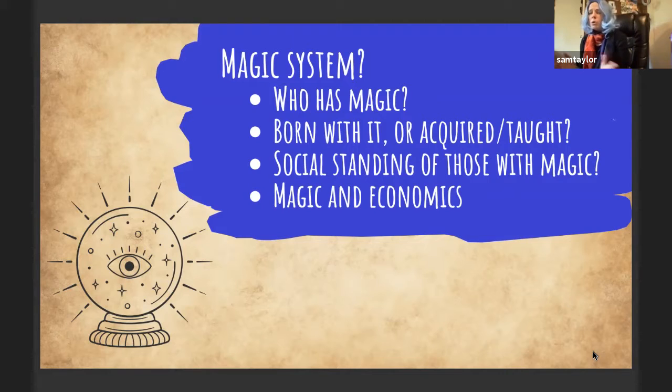For instance, Marie Rutkowski's Winner's trilogy, starting with The Winner's Curse, has no magic system. It is in a completely made up world inspired by ancient Greece and ancient Rome. So completely made up world, but no magic system. Phenomenal fantasy.